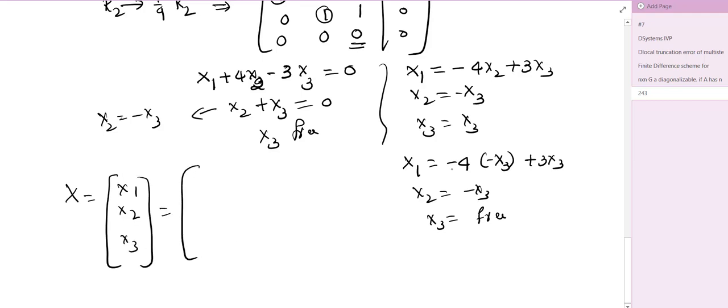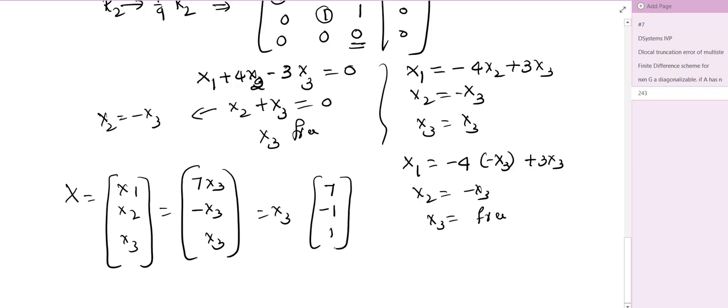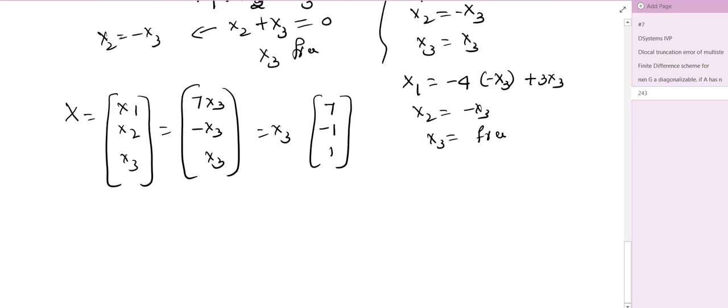So x1, minus into minus 4x3 plus 4x3 minus 3x3, it is x3, and x2 is minus x3 and x3 is x3. So if I take x3 out, it is the vector with entries as computed, and this is the corresponding eigenvector with respect to lambda is equal to 1.